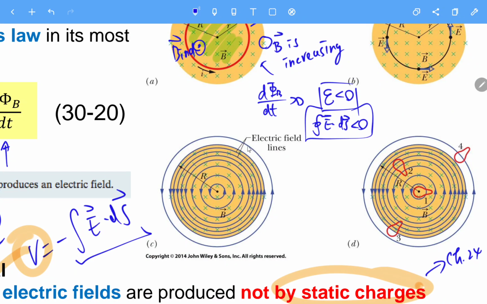Okay, and also here shows several electric field lines. Which means that this E field is weaker close to the center, and then it becomes stronger and stronger when it's close to the boundary of the B field, and then becomes weaker again outside, because outside there is no B field, and so there is no B field changing.